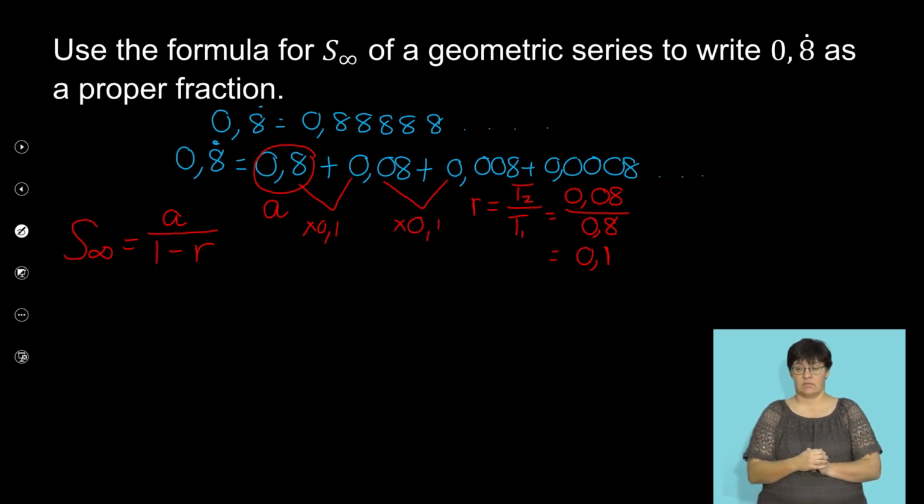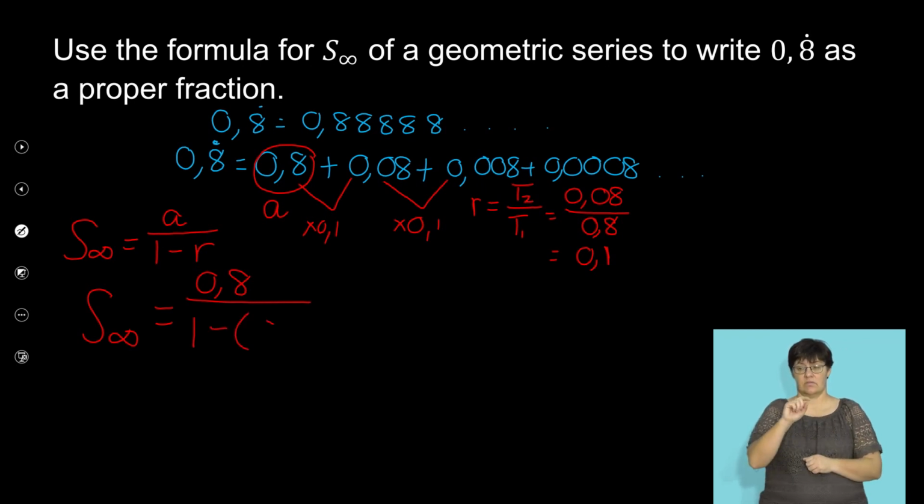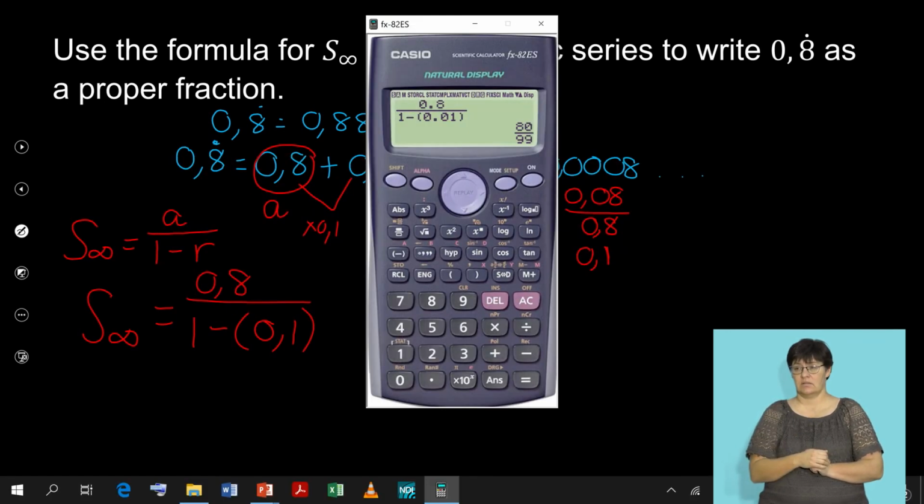So I can see that I multiply by 0,1 each time. So if I substitute into the sum to infinity formula, A is equal to 0,8. I'm then going to put this over 1 minus my ratio, which is 0,1. Let's put this into my calculator.